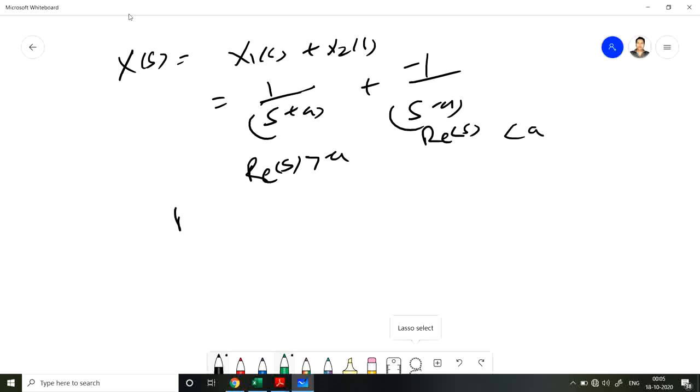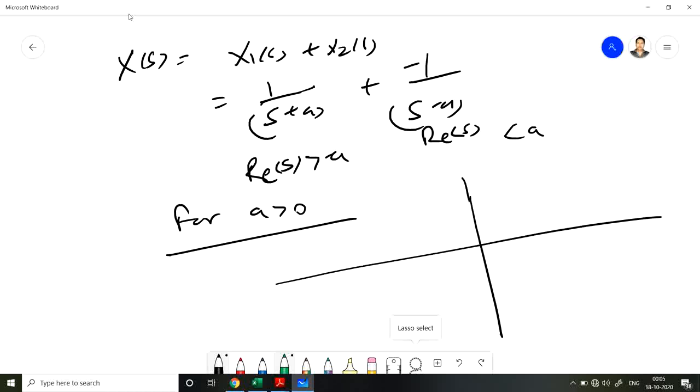Now if we consider a greater than 0, let us plot the common ROC. Now take any value which is greater than a. So let us take a is equal to 2. So it will become real part of s greater than minus 2, somewhere here.